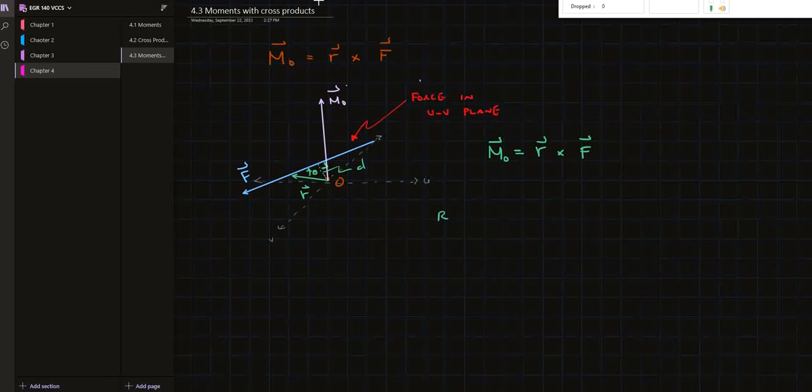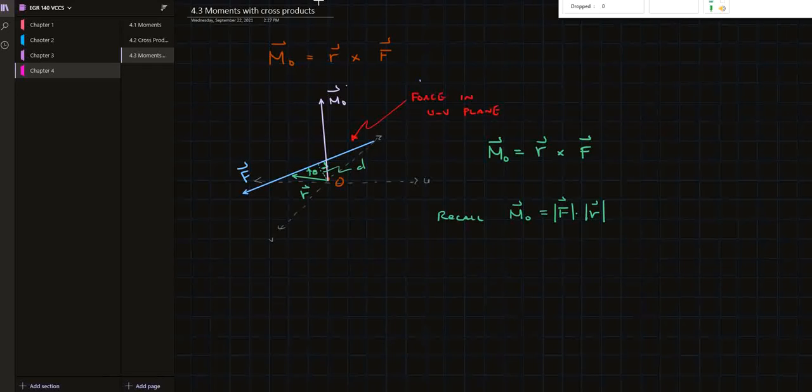And if you recall, the moment about O should be F times d in this situation, or written in terms of these things, the moment should be F magnitude, R magnitude times opposite over adjacent, which is d.